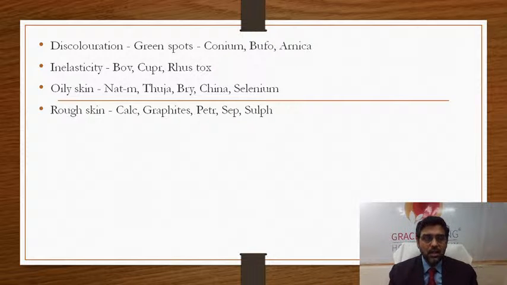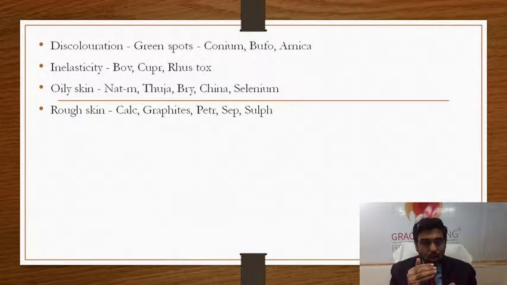So rough skin. Touch the skin of the patient, and you will see that the skin is rough. Exactly opposite, if the skin is very smooth, which are the remedies that you should think about? Soft skin. Yes, Dr. Alexandra, Dr. Sarita, Dr. Meera.